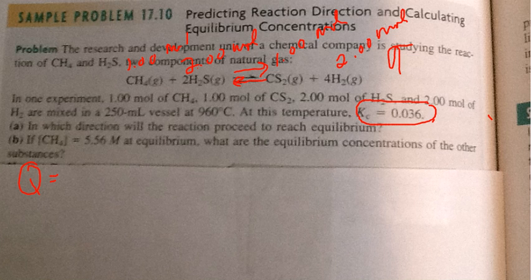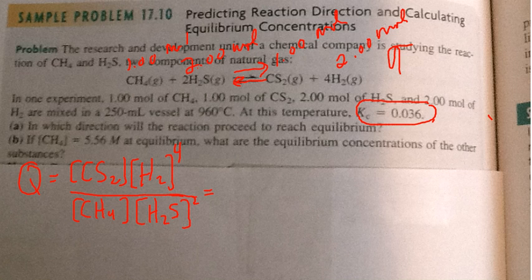Q is going to be equal to, when we write our species out, CS2 times H2 to the 4th power divided by CH4 times H2S squared.